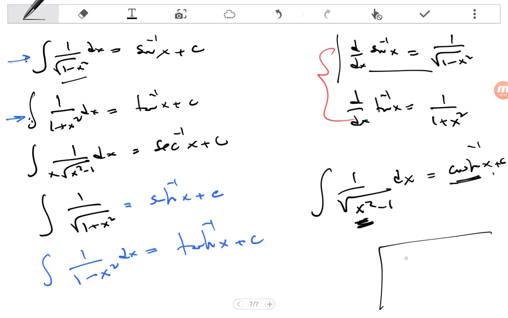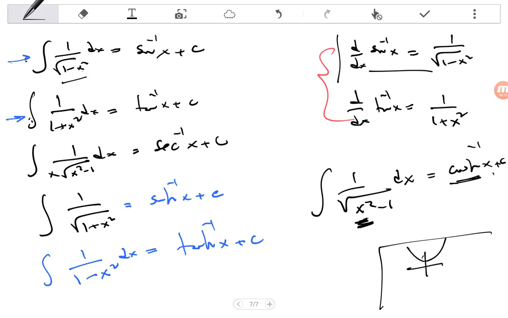If you remember from hyperbolic functions, the cosine was the largest of the hyperbolic functions. It is larger than sine, it is larger than tangent, it is larger than all of them. The largest of them is cosine.